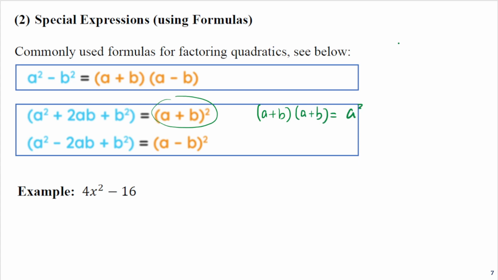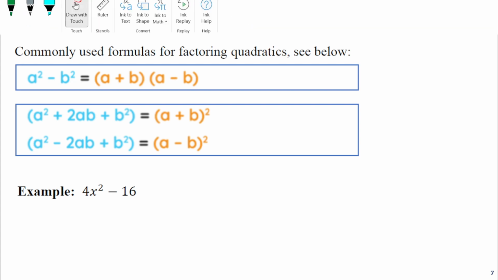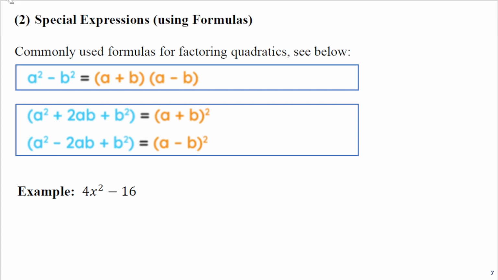This will give us a squared plus ab plus another ab plus b squared, which is exactly the left side, right? So when you have an expression a squared plus 2ab plus b squared, you can rewrite that in a factorized form, a plus b squared. And similarly, when you have a squared minus 2ab plus b squared, we can factorize that to a minus b squared.